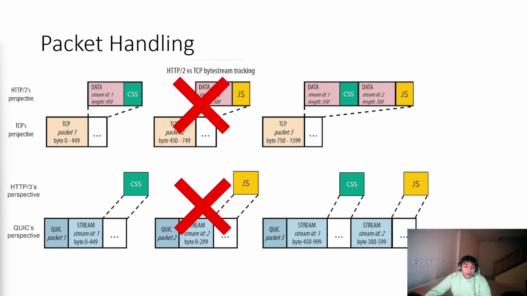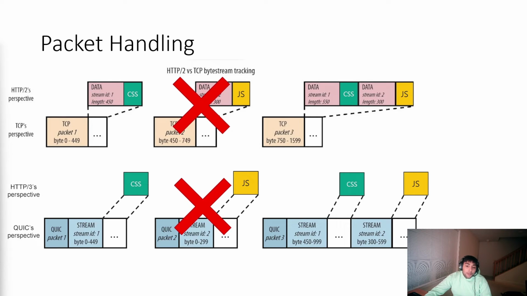Everything after that might depend on that same center packet. And it says, I'm going to be careful and not process anything after the lost packet until retransmission comes in. You leave a little bit of performance on the table here because the CSS could have been processed before the retransmission came in, and that is what is called head-of-line blocking.